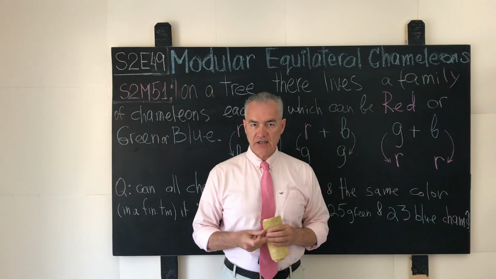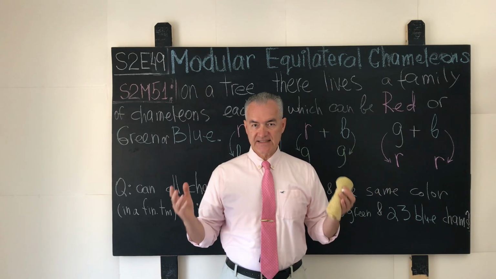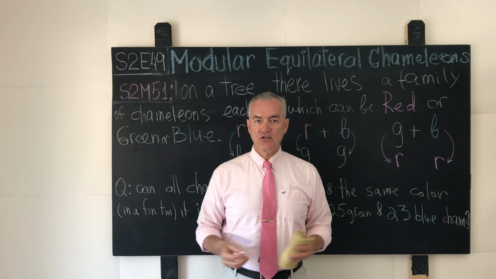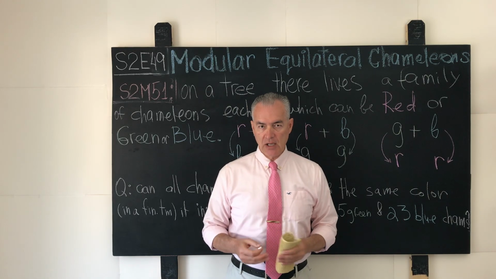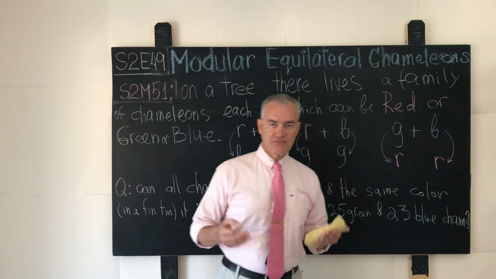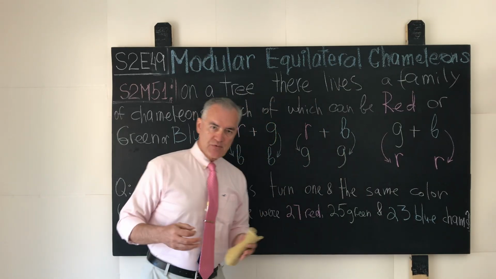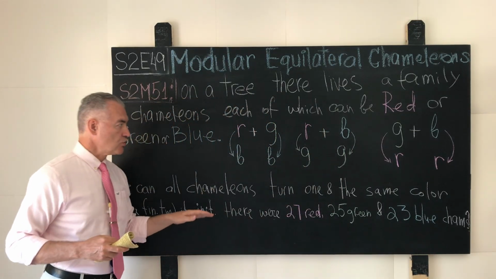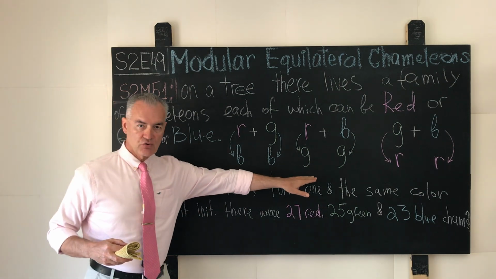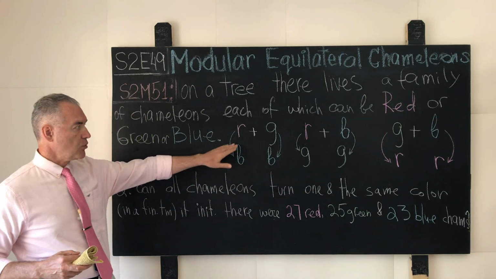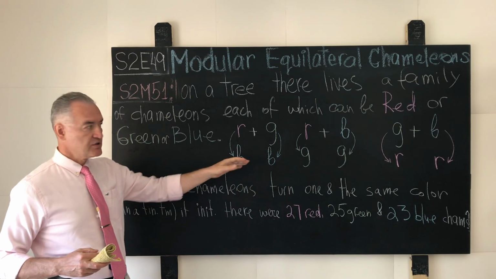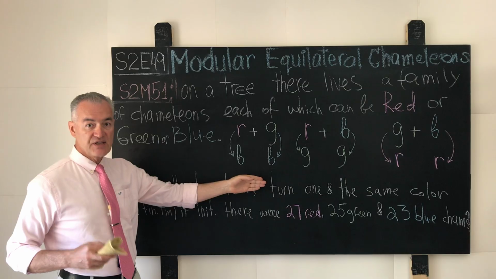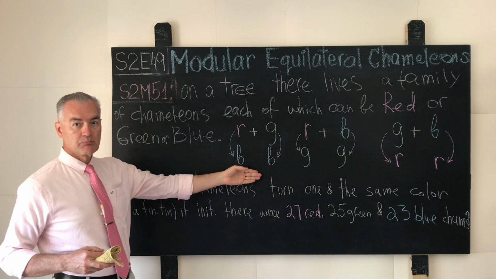However, if any two chameleons of distinct colors meet, then both of these chameleons turn the remaining color pretty much instantly, or very, very fast. I captured that fact in the table shown over here on your right, and that means the following. If one red and one green chameleon bump into each other, then they both become the remaining color, which is blue.